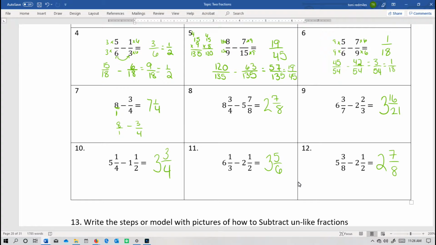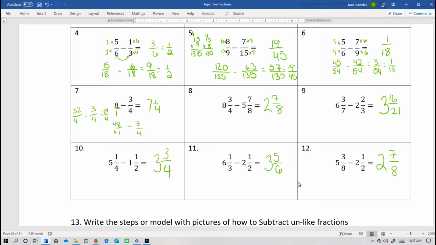So if I multiply 1 and 4, I get 4. So I know my common denominator is 4. That means 3/4 gets to stay the way it is. But this one I have to multiply by 4, which means my top is 32. If I take 3 away from 32, I get 29 over 4.